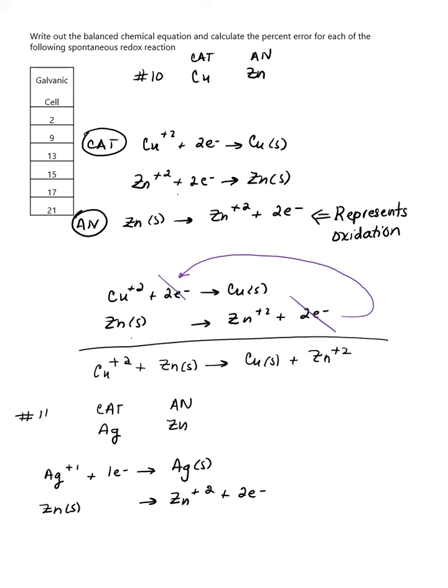So for you to have something to accept both electrons, you need to have 2 silver ions. Each one will get 1 electron. So if I multiply my whole reaction there by 2, that will give you 2 silver ions.